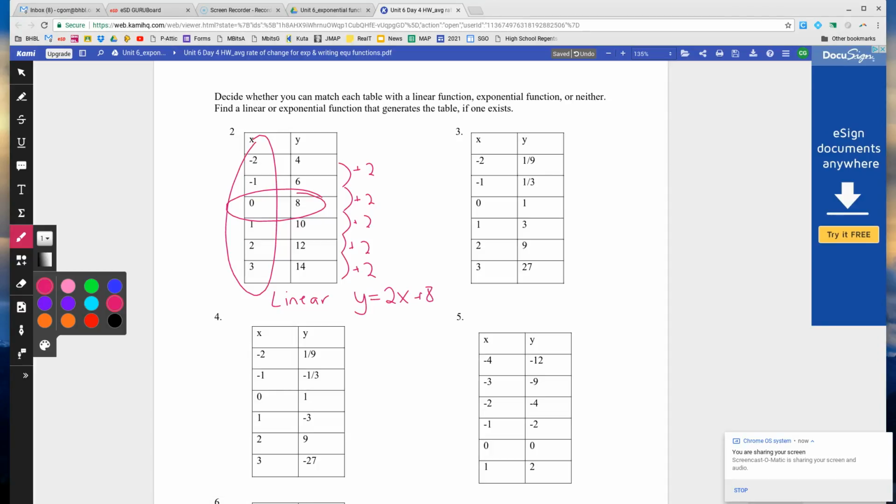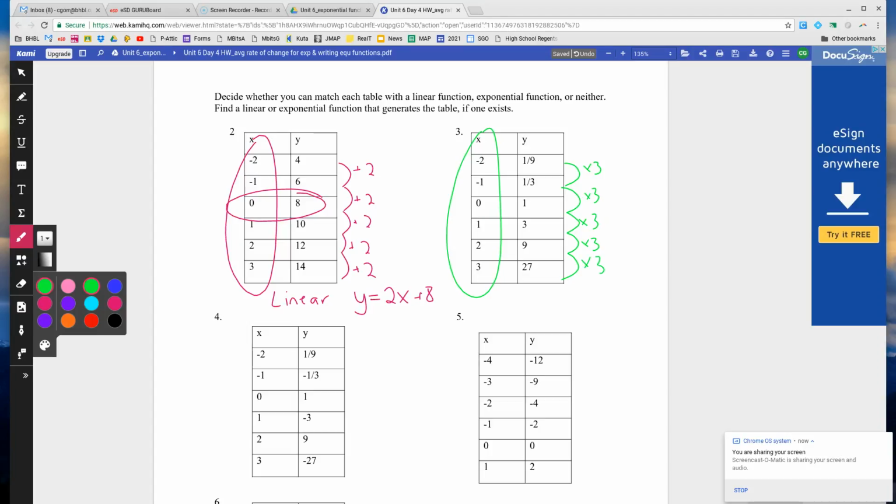Now let's take a look at number 2. So number 2, analyzing the same type of pattern. Do my x's go up by 1's? Yes, excellent. So now I go from 1/9 to 1/3, and 1/3 to 1, to 3, to 9, to 27. And I'm noticing that in order to do that, I am multiplying by 3 each time.